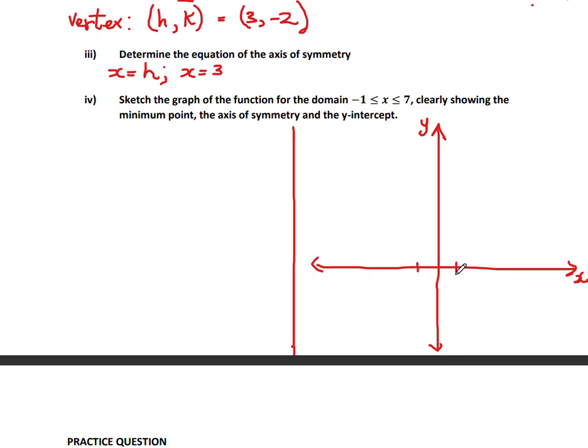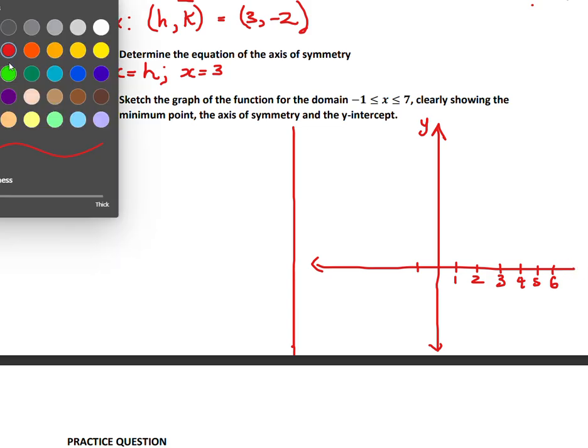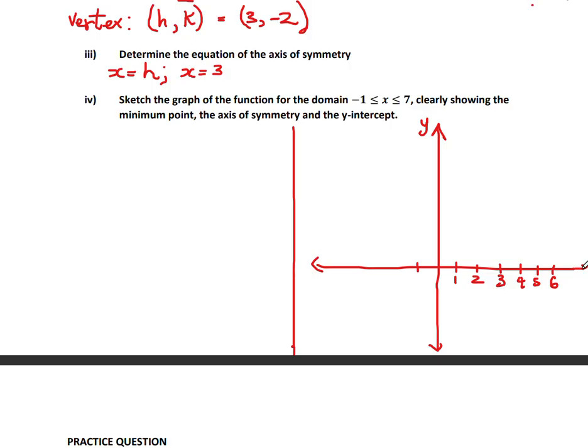So the domain: 1, 2, 3, 4, I'm going to go up to 7 because the domain goes up to 7, 5, 6, and 7. Because again, the domain of the graph speaks to the span of x values that the graph will cover. So here we go up to 7.